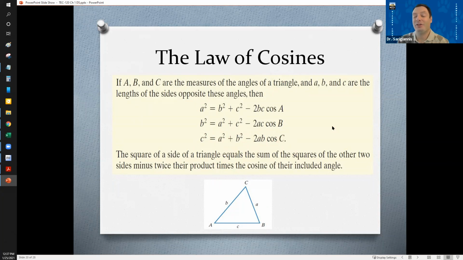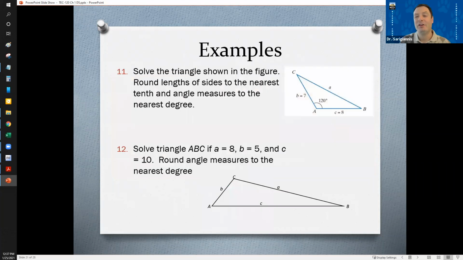So once you know one of them, you know how to use the other ones. So we can use that to solve triangles. And again, we're going to apply this when we start having forces, if you have a force acting along these lines at a point, figuring out resultant forces based on that. That's what we're going to be using this stuff for.